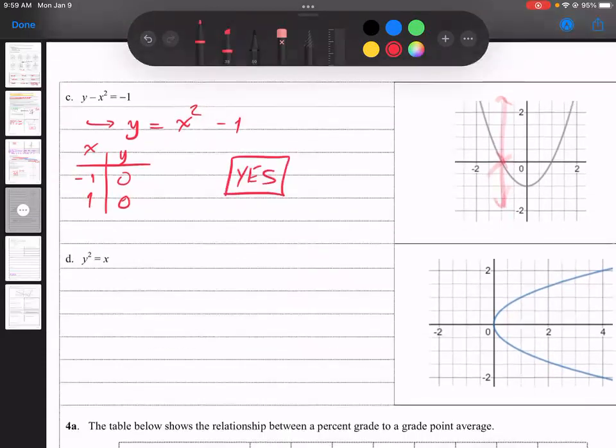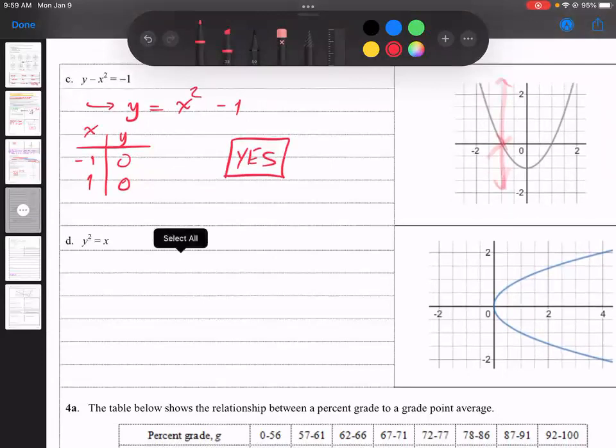What about D? We talk about this, right? Y squared equals x, or x equals y squared, is the parabola sideways. It cuts twice, or you can do a little t-table. When x equals 1, y is 1.